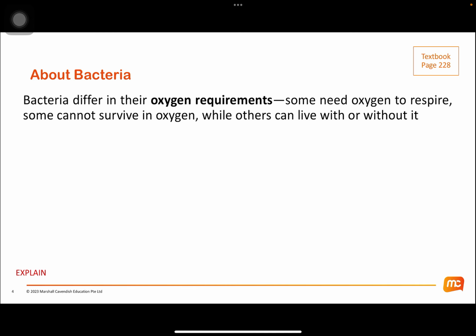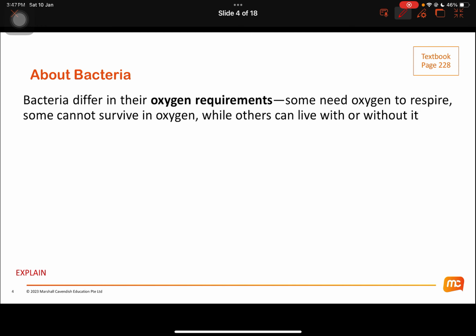A little bit more about bacteria. Different bacteria can thrive in different conditions. One way of categorizing is based on their oxygen requirement. Some bacteria needs oxygen to respire, while others can live with or without it.